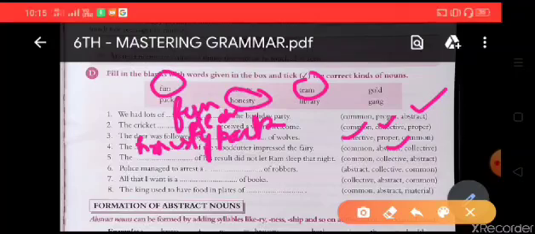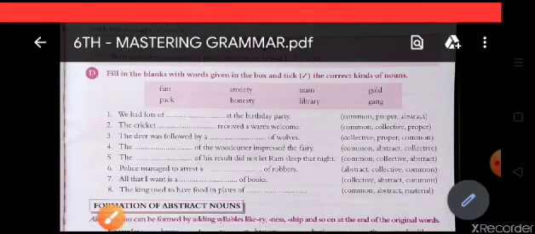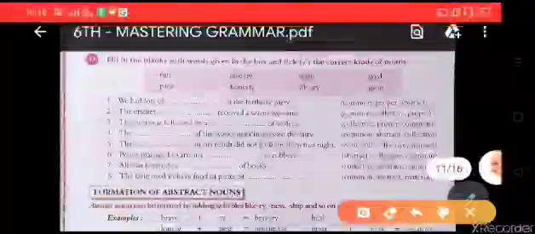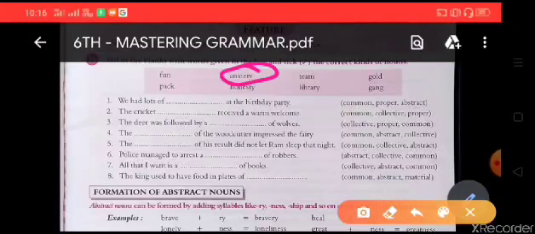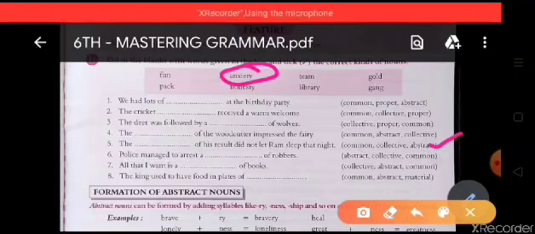"The anxiety of his result did not let Ram sleep that night." Anxiety is the abstract noun. So here we have to write anxiety.